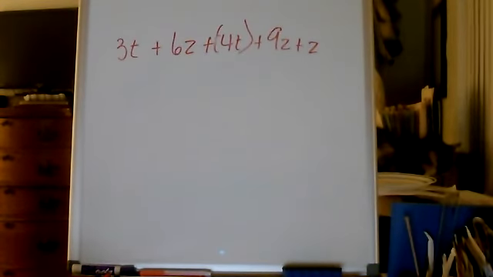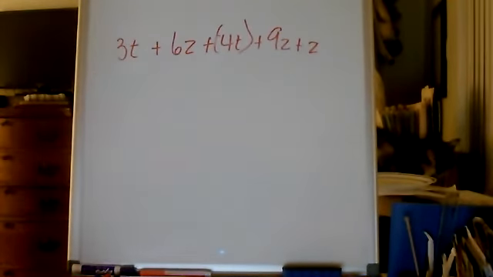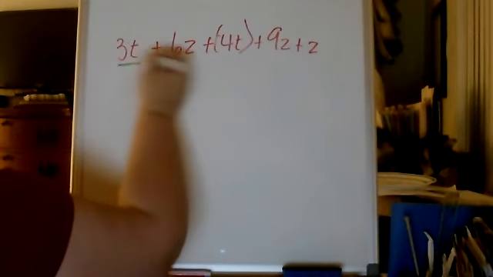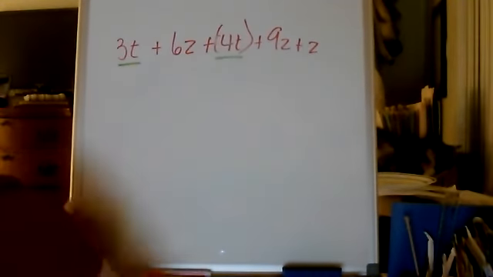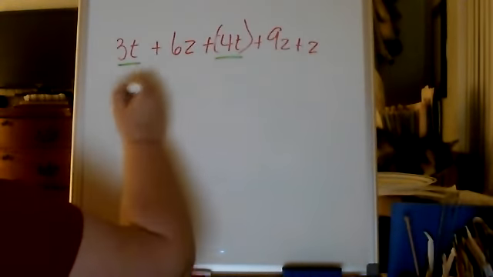Well, if it were me, I would recognize first that there are T's and Z's, and T comes first in the alphabet. So we're going to have that come first in our answer. So we have a 3T and a negative 4T. So when we combine a 3 and a negative 4, you would get a negative 1.